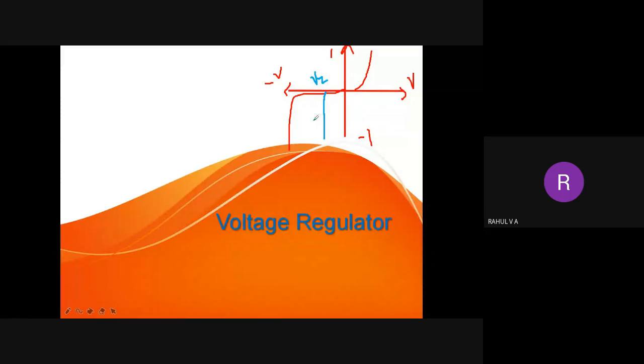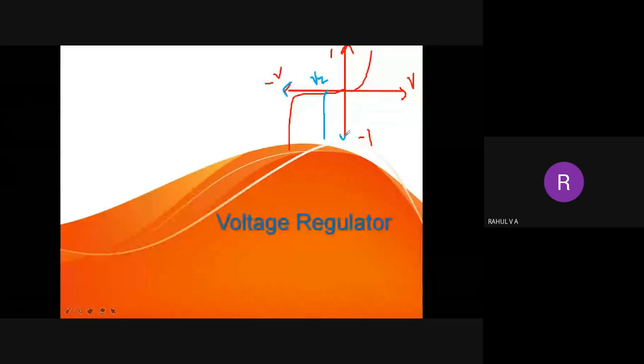In this plot you can see that the breakdown happens at this point called VZ. After that, if you keep on increasing the reverse voltage, there is no increase in the voltage across the Zener diode. Only the current increases.